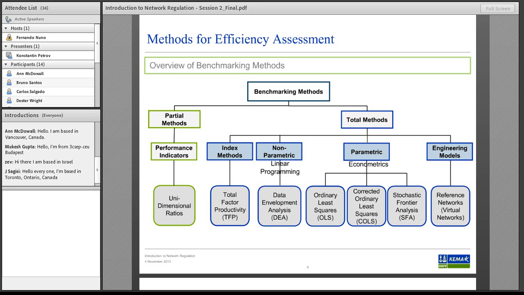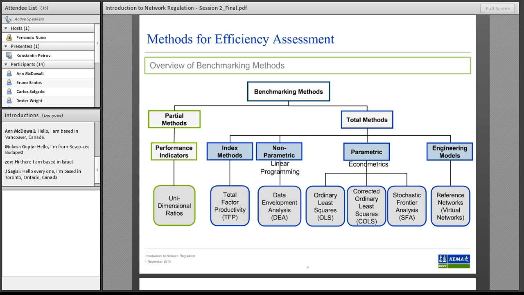usually these partial methods have been based on simple unidimensional ratios. As already said, these coefficients are based on selected input factors, which could be the number of employees, operational cost, or even labor cost, just components of the operating cost.